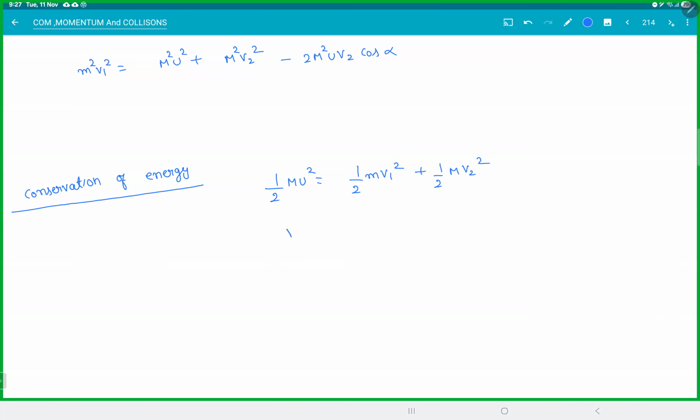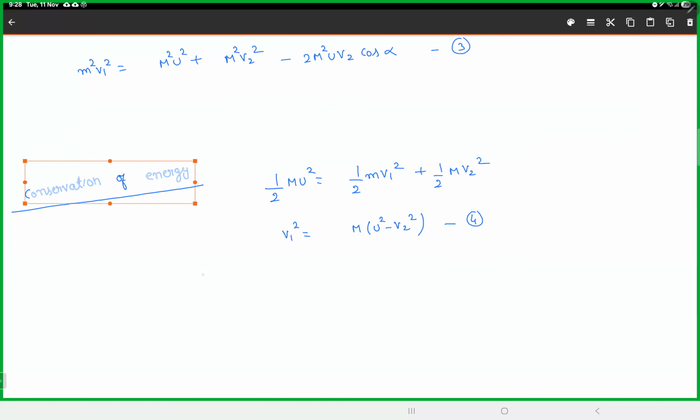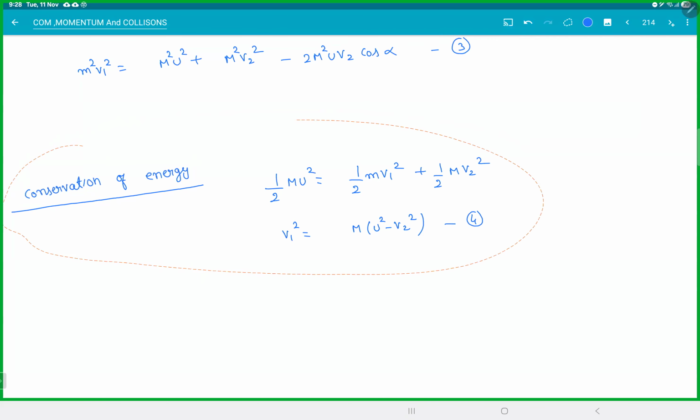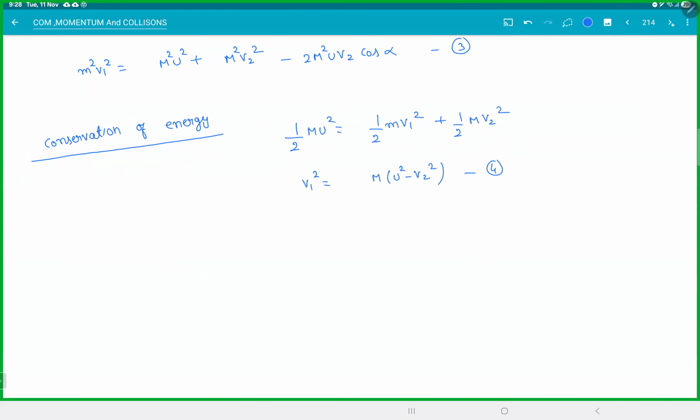So v1 square will be m into u square minus v2 square. This is equation 4 and this is equation 3. So take equation 4 and dump it in 3.